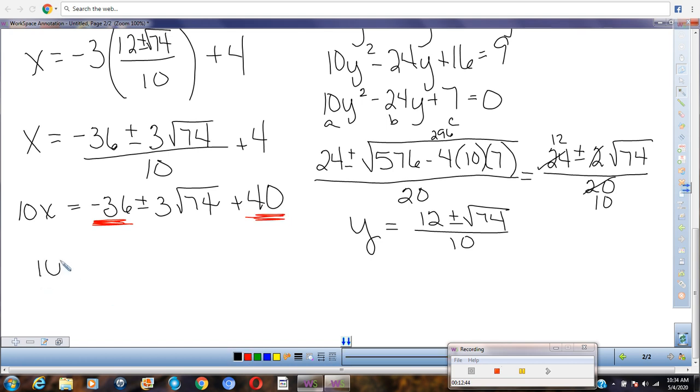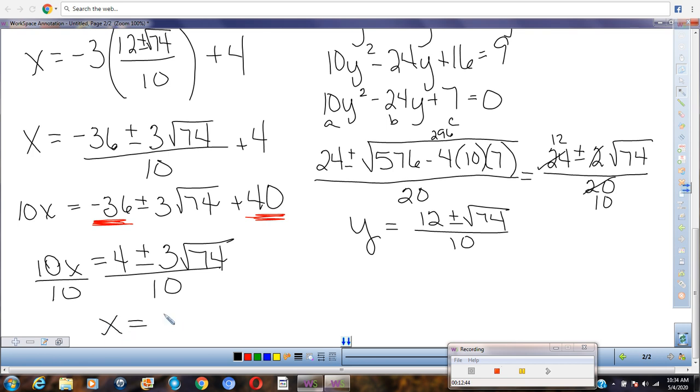So I have 10x equals, now negative 36 and 40 is 4, plus and minus 3 square root 74, and then of course I can divide both sides by 10. So I find out that x equals 4 plus and minus 3 square root 74 all over 10.